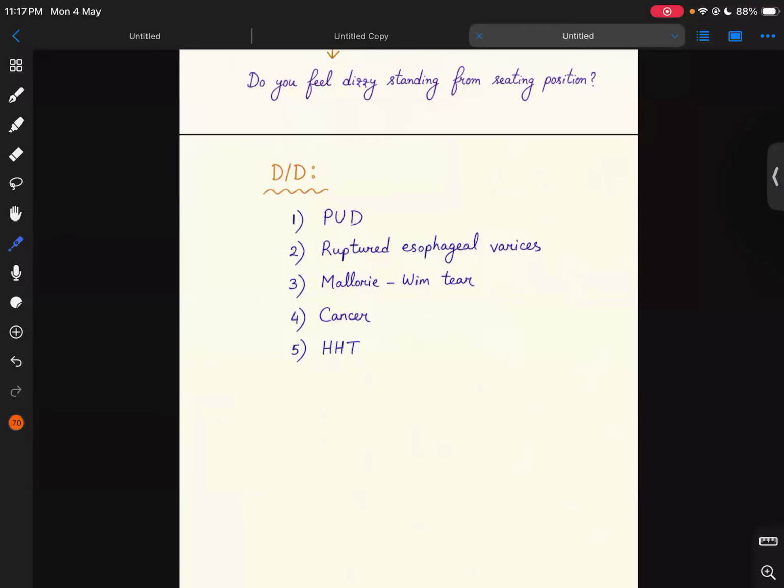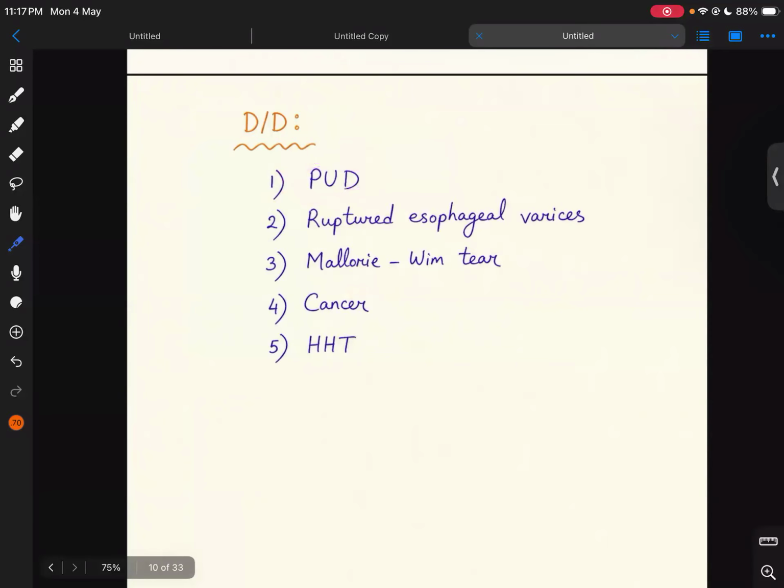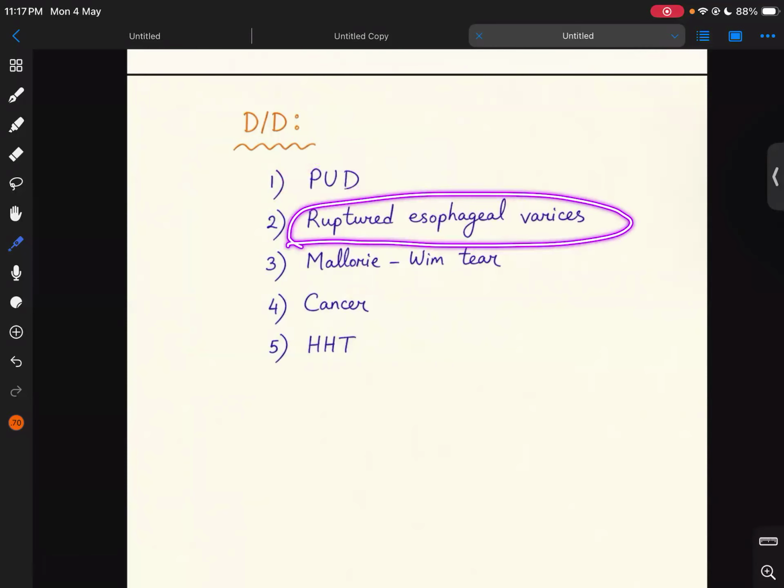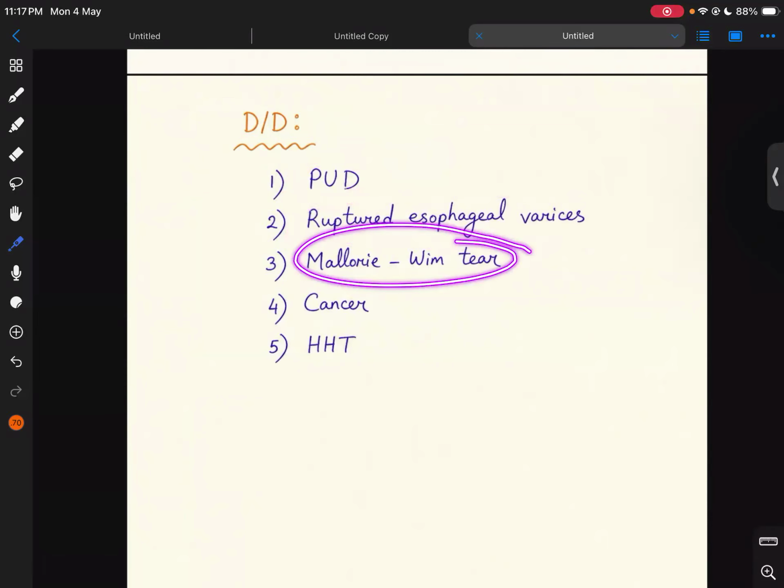Our first DD is peptic ulcer disease. Second is ruptured esophageal varices. Third is Mallory-Weiss tear. Fourth is cancer. And fifth is hereditary hemorrhagic telangiectasia. So these are the 5 differential diagnoses for any case of hematemesis.